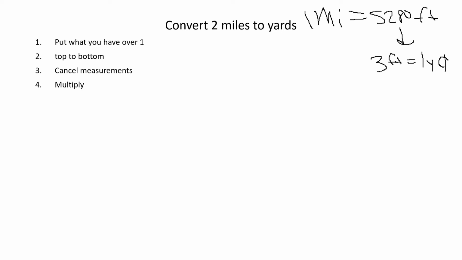So step 1, put what you have over 1. 2 miles over 1. Now we're going to create our unit multipliers. I know the information, miles to feet, feet to yards. Word-wise, I have to put whatever is on top to bottom. So I'm going to go from miles.